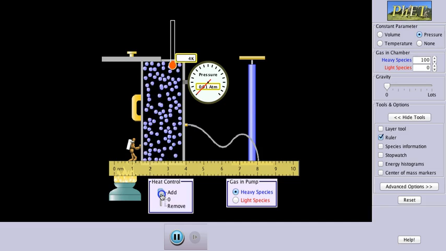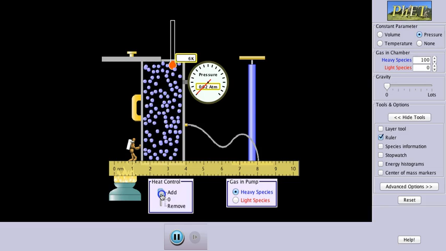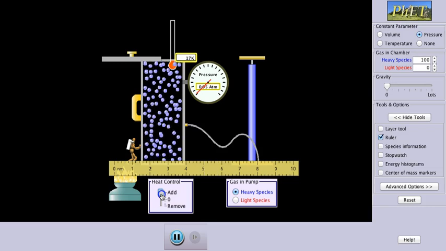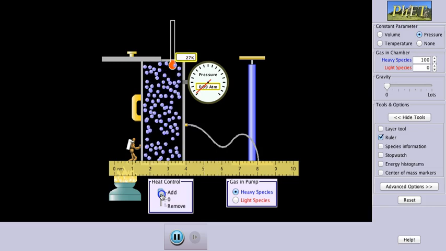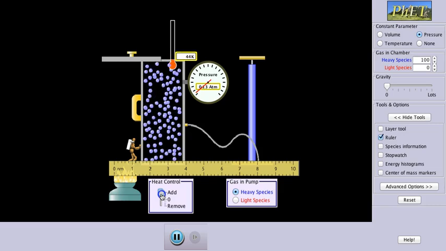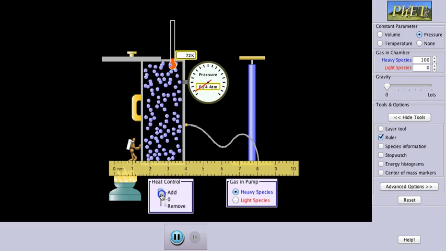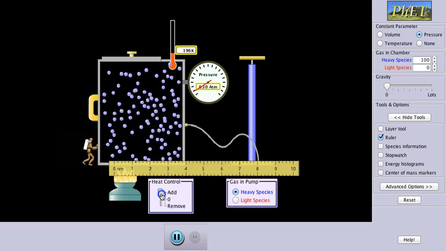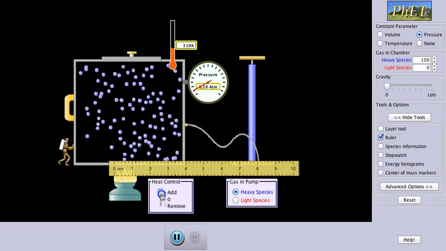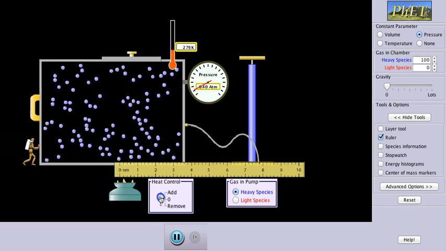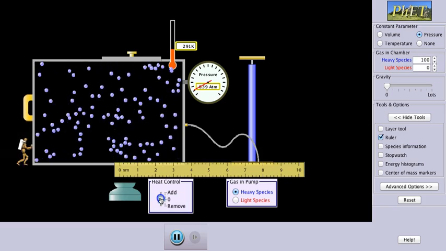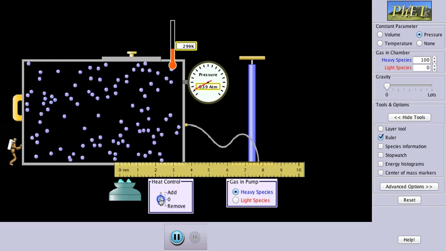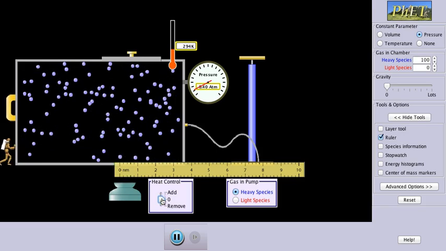Notice that it takes quite a bit of heat to get the molecules at a pressure sufficient to cause a change in volume. There we go. So now we're essentially back where we started.